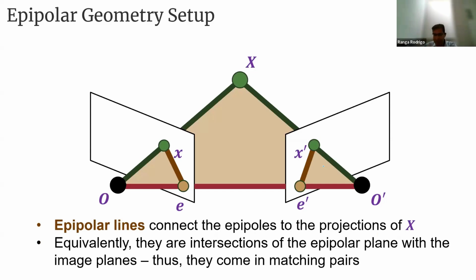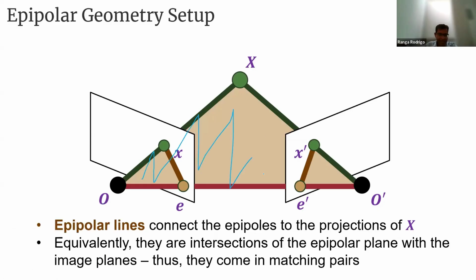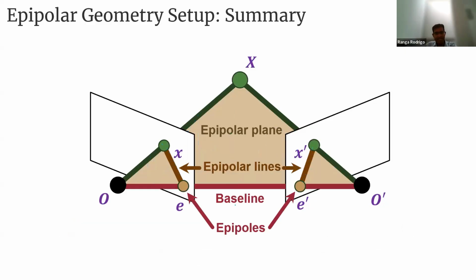You can see this beige color plane intersects the image planes. Those are the two lines at which they intersect. These are called epipolar lines. So you can see the geometry again: epipolar plane, epipolar lines, baseline, and epipole.